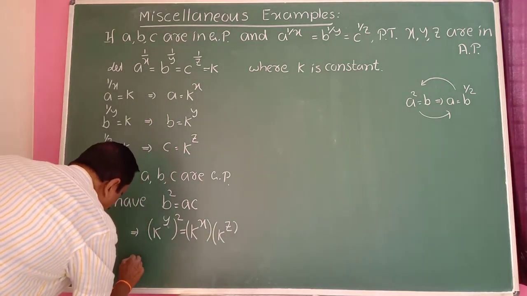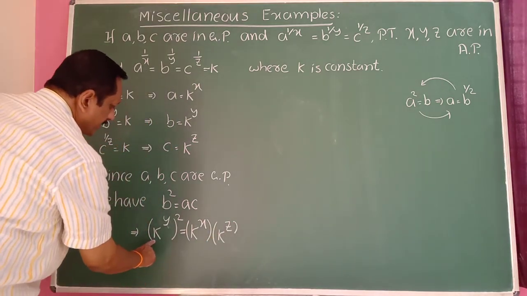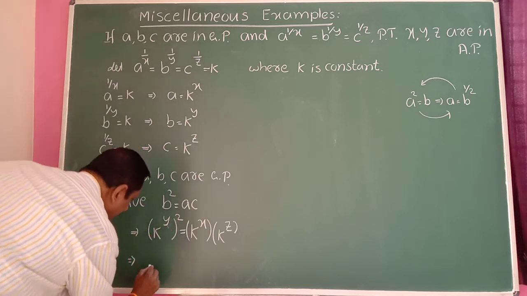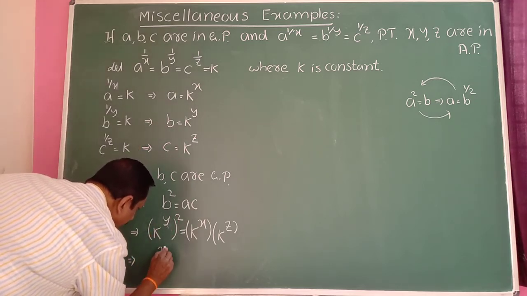Then according to the laws of indices, K raised to Y whole raised to 2 becomes K raised to 2Y.